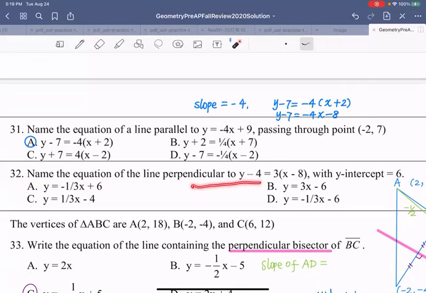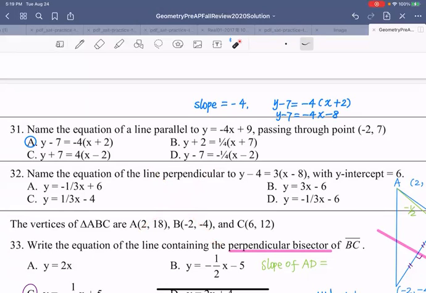Do you remember when we do the perpendicular line, their slope product equals? -1, right? Yes.